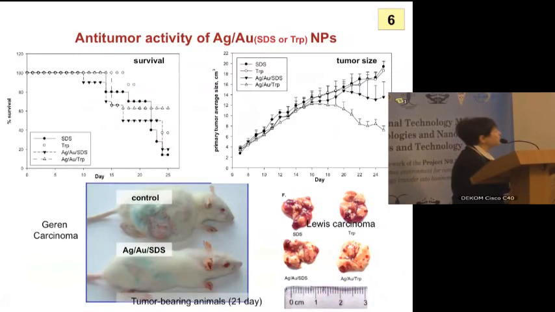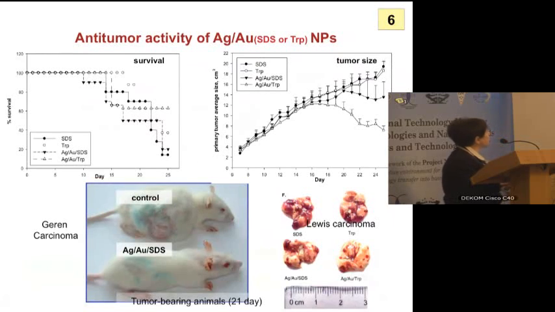This is a sample of liver after action of bimetallic nanoparticles covered with sodium diethyl sulfate, a surfactant, and covered with tryptophan. We can see that the amount of metastasis is 45% less than in case of using the surfactant, and survival of this part of experimental animals is better.